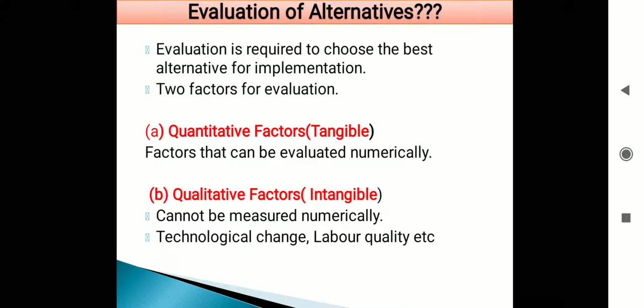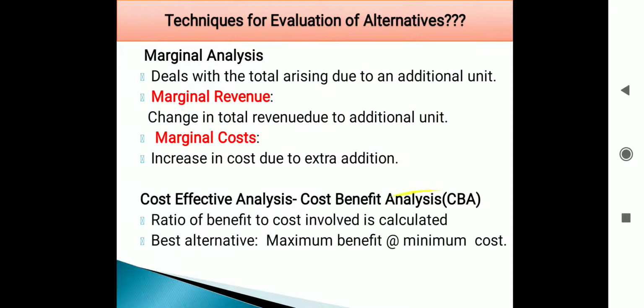Quantitative factors are the factors that can be evaluated numerically, whereas qualitative factors cannot be measured numerically, for example, technological change, cost of labor, quality, etc. So these are called qualitative factors. On the basis of these 2 factors, normally we do evaluation of alternatives.